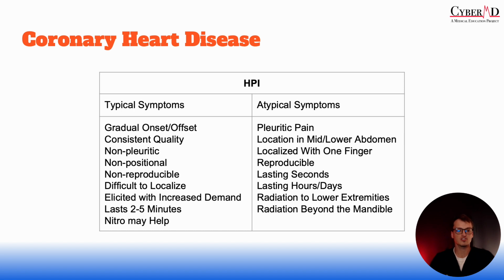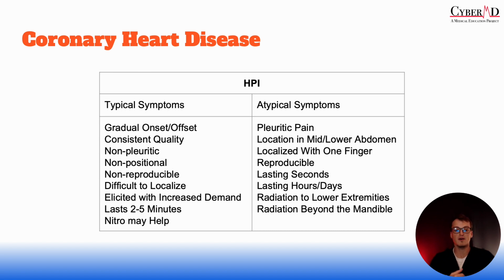They're listed here on the screen, but the most important thing to remember is that the typical symptoms are the quote-unquote classic symptoms, and there are three major populations that you should be aware of that often present, potentially having a myocardial infarction, STEMI or in-STEMI, with atypical symptoms.